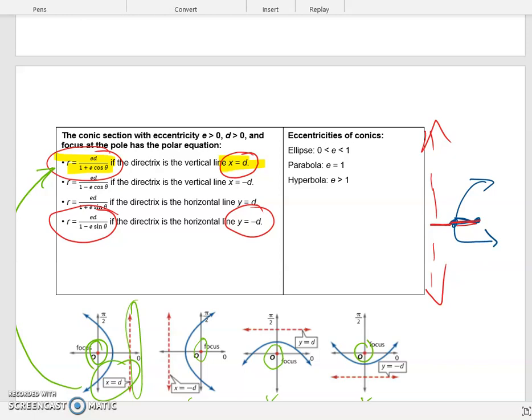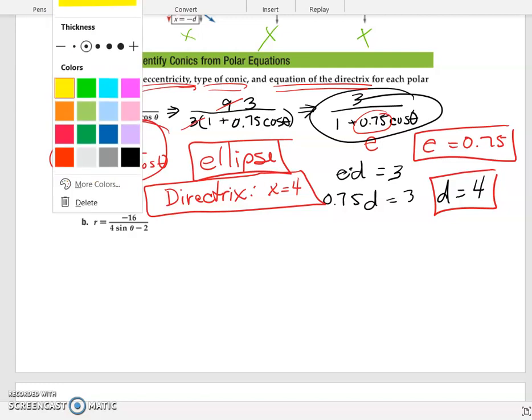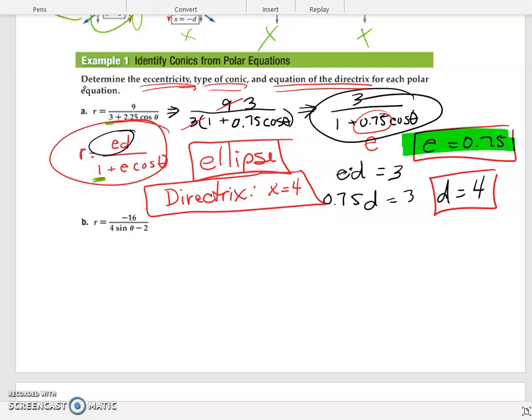So that's what I want to use. X equals, and my d was 4. So there's my directrix. So really, my answers are the eccentricity is 0.75, it is an ellipse, and the equation for the directrix is x equals 4. So I'm constantly going back up to that chart.